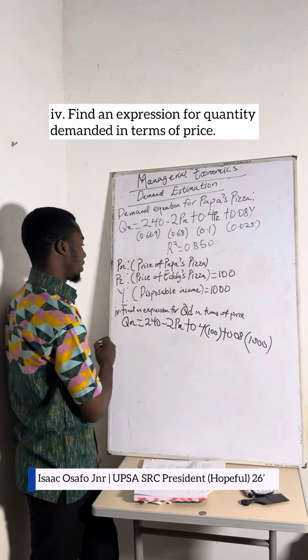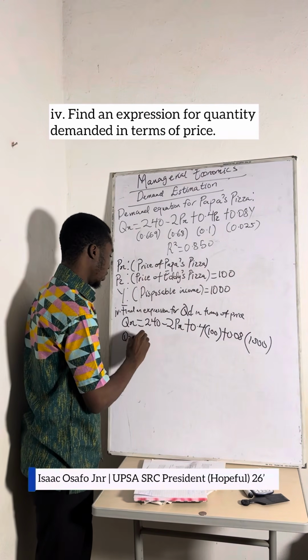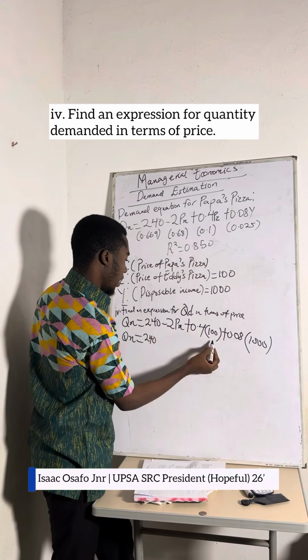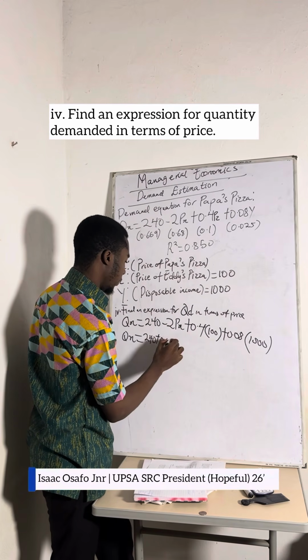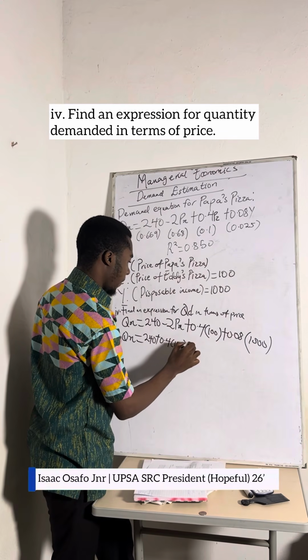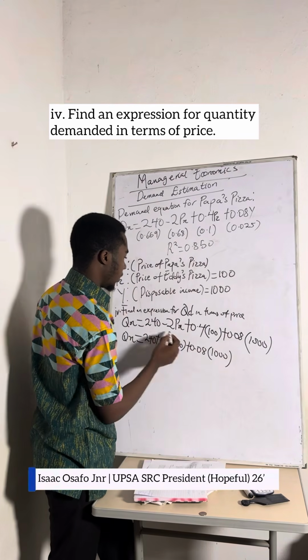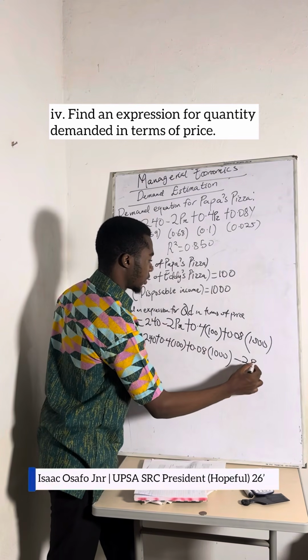So now I'm just going to simplify this. So our QX should give us 240 plus 0.4 times 100 plus 0.08 times 1000, then minus our 2PX.